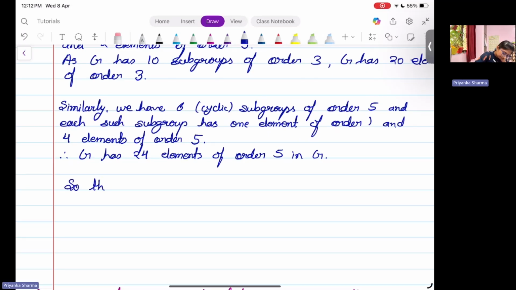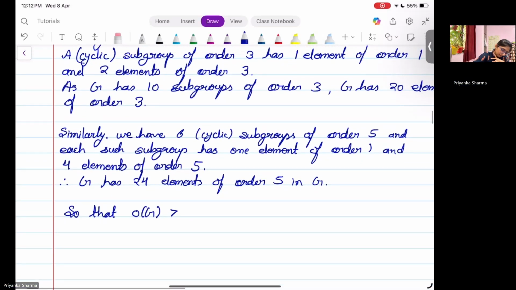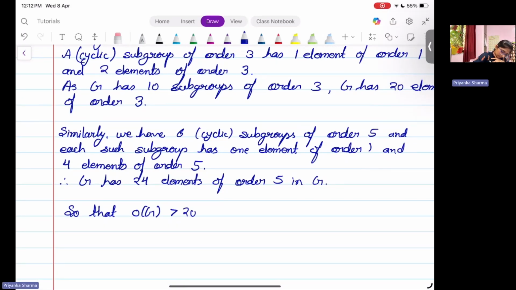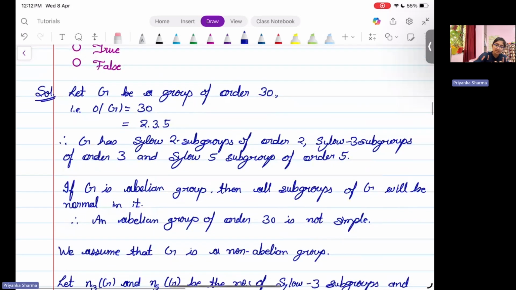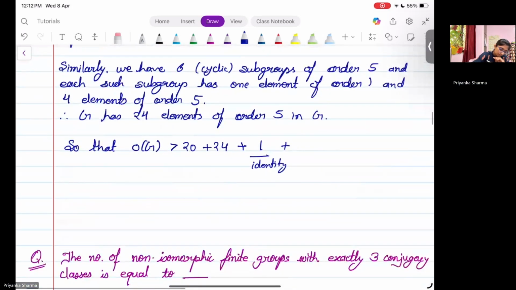so the order of G should be strictly greater than these 20 elements plus 24 elements, because then we will add one for the identity, and then we will add some elements of order 2, because we have 2-Sylow subgroups also. So that's why I'm saying this is strictly greater.